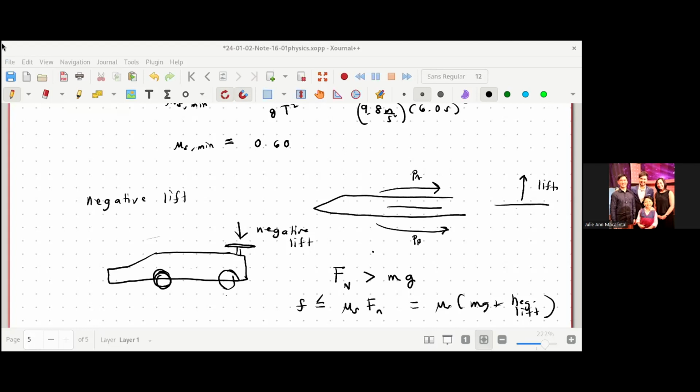Okay? Anyway, balik tayo dun sa problem. So, assume hindi factor yung negative lift, circular motion, parang yung kanina yung sinetup ko na walang banking angle. So, number 42.